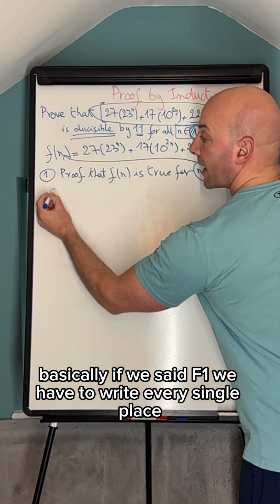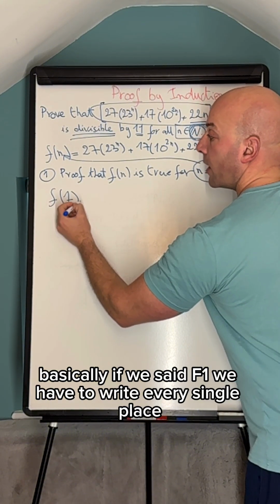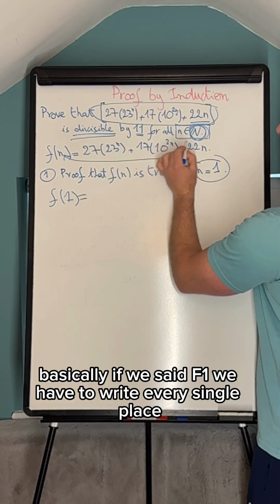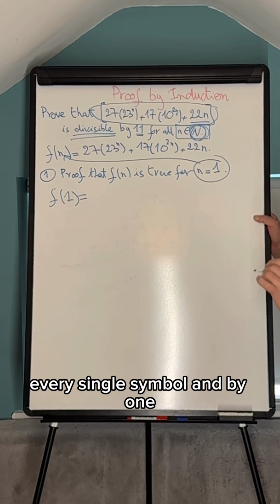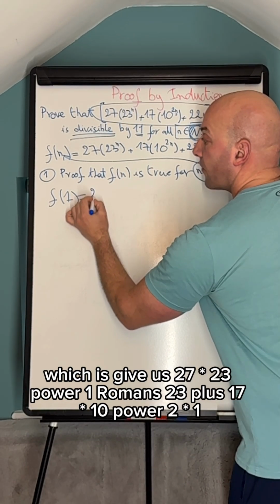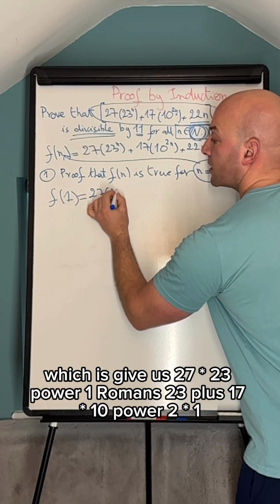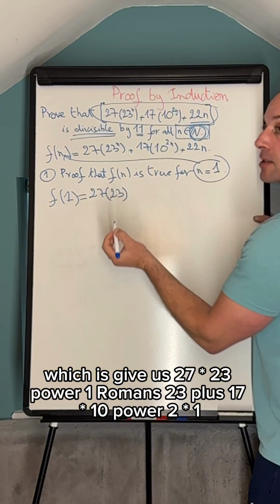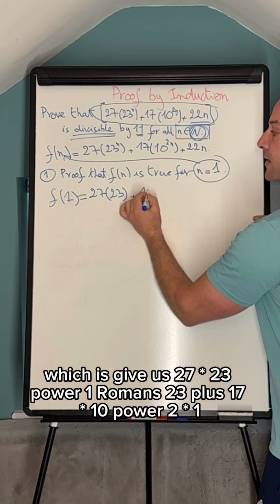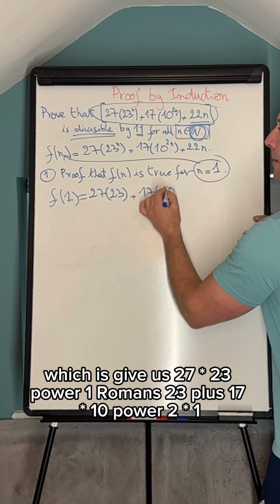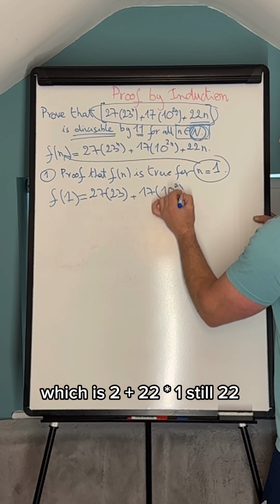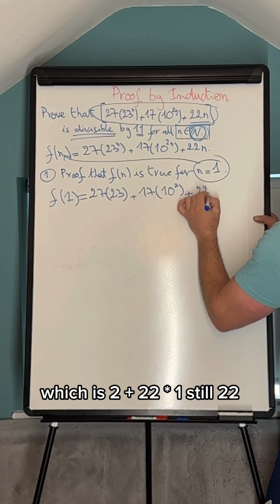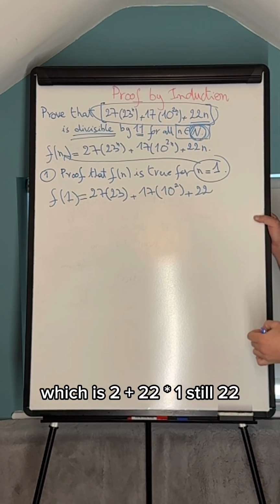If we say f(1), we replace every single symbol n by 1, which gives us 27 times 23 power 1, which remains 23, plus 17 times 10 power 2 times 1, which is 2, plus 22 times 1, still 22.